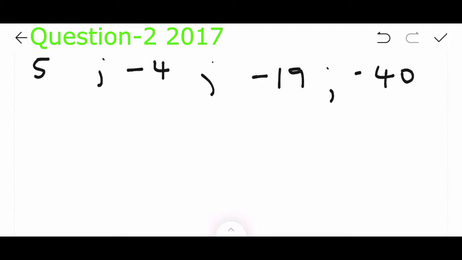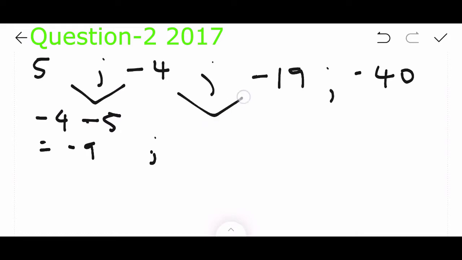So the difference between minus 4 minus 5 will be minus 9. And the difference between minus 19 and minus 4, that will be minus 15.